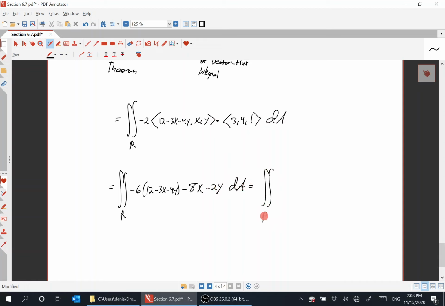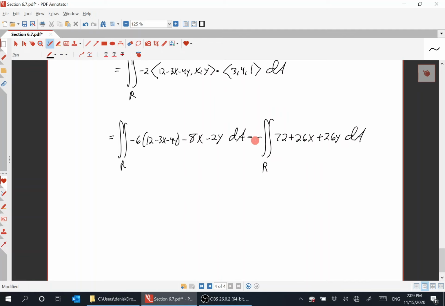Let's factor out the negative there. So 6 times 12 is 72, and then I have 18x plus 8x, and then 24y plus 2y, dA.